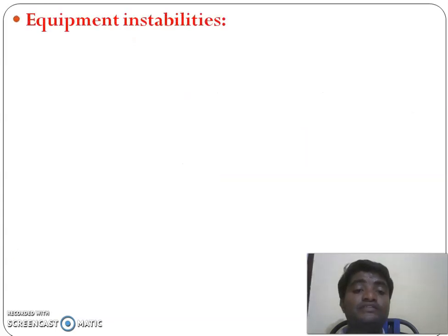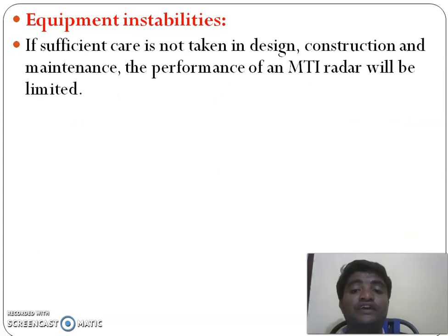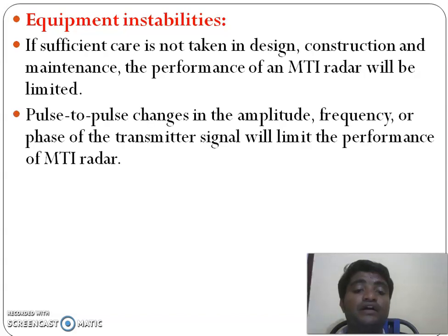The first parameter is equipment instabilities. Sufficient care should be taken in the design, construction and maintenance of the MTI radar. Otherwise, the performance will be limited. Pulse to pulse changes in the amplitude, frequency or phase of the transmitted signal will limit the performance.